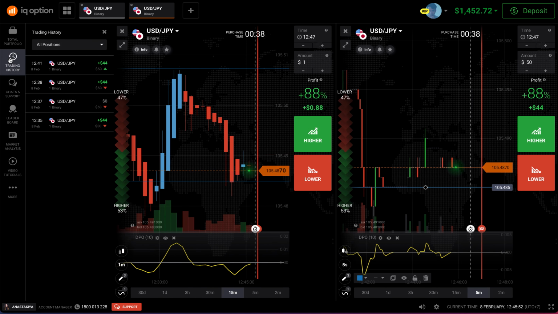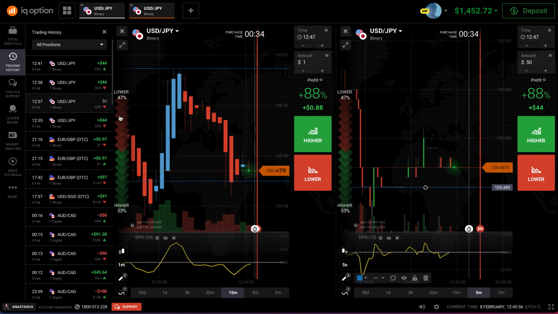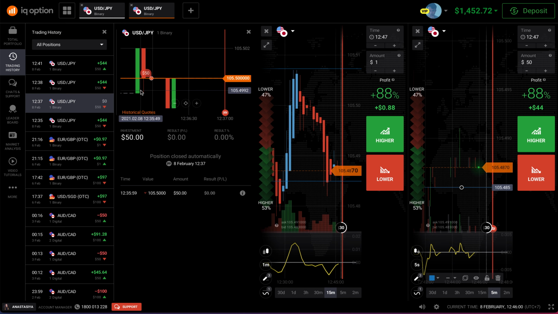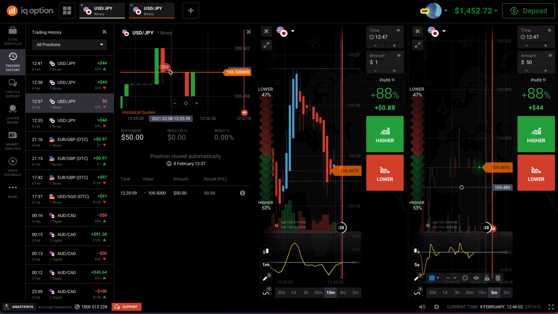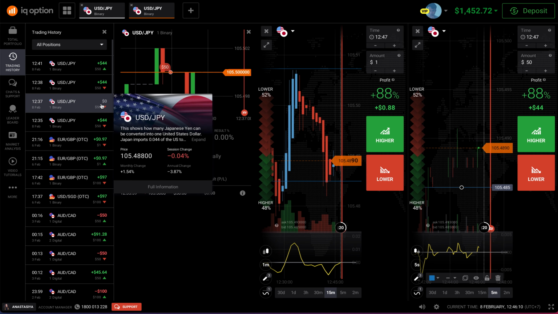So it's the best way to trade this kind of market with the binary option, because when you get entry and exit at the same point at expiration, you get your money back, so you don't lose your money, $50 here. That is one of the examples that I can show you here.